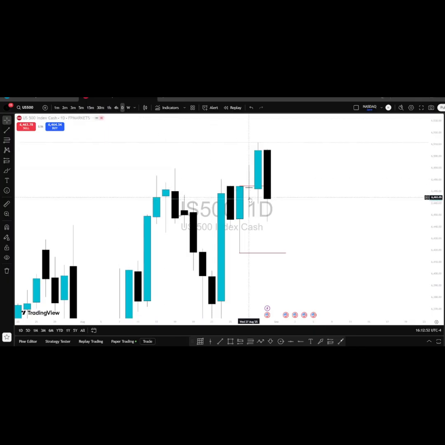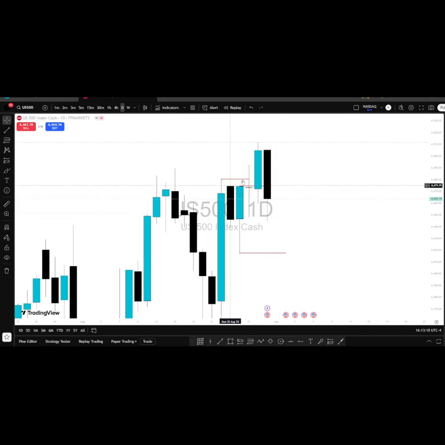Price traded on Wednesday. Remember, this is on a Thursday morning. I'm looking at how Wednesday traded in relation to the previous 2 or 3 days. You can see that Wednesday traded higher, swept the previous day high, swept Monday's high, and also swept this buy side liquidity.